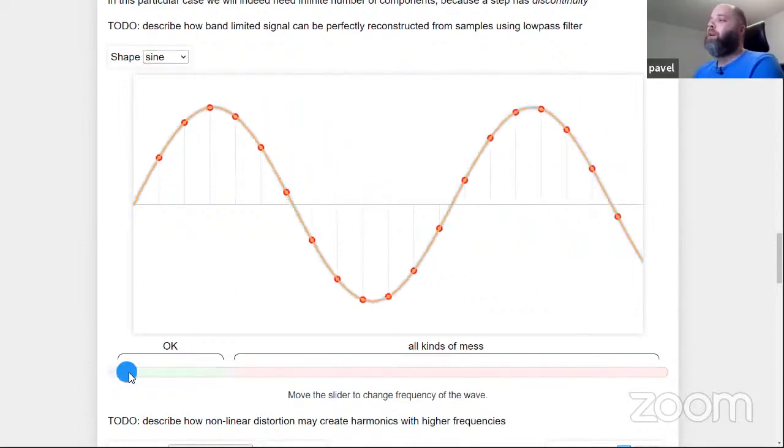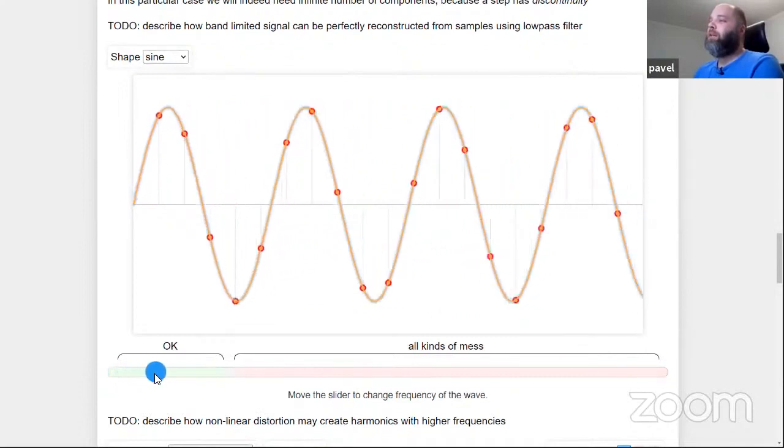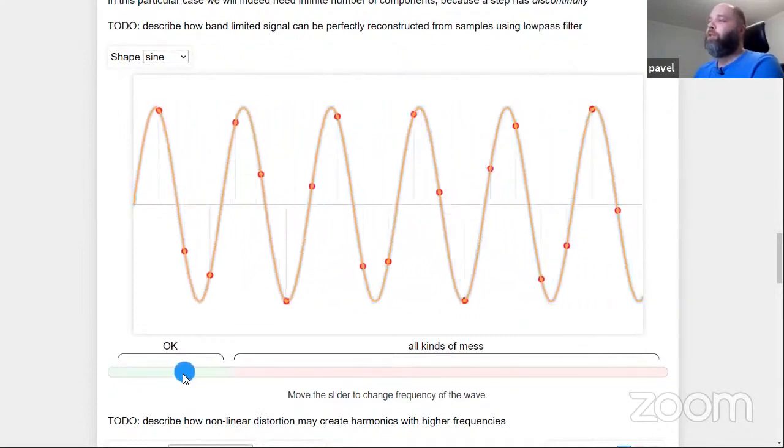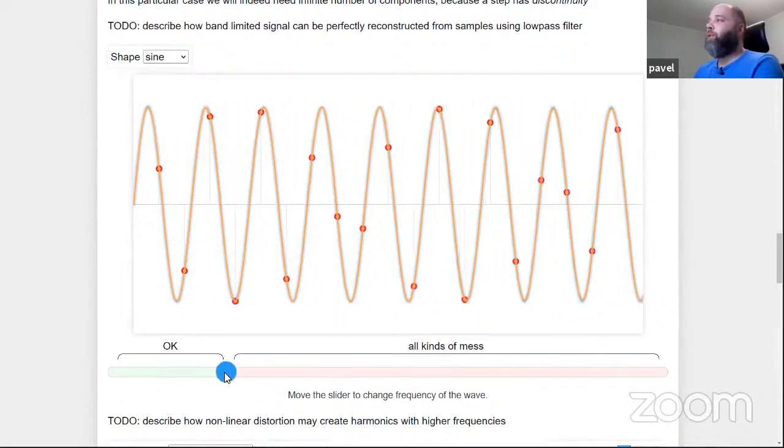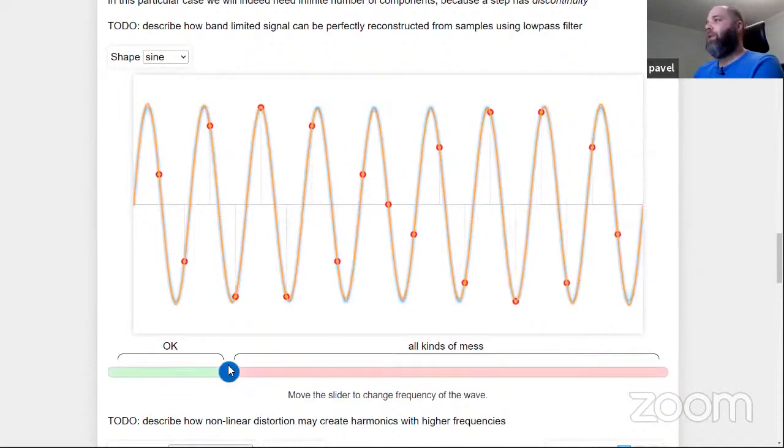So when we increase the frequency of the initial signal, at some point we get less than perfect approximation. I hope you can see that it starts to break down.